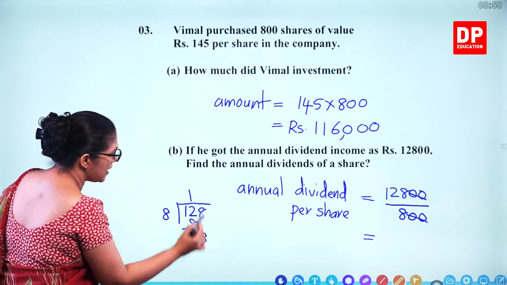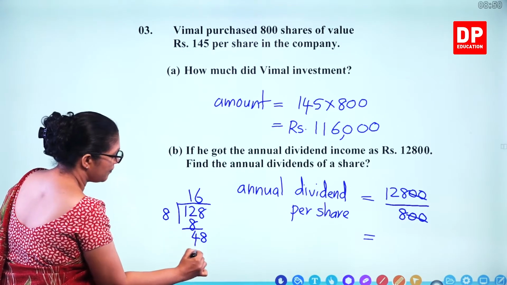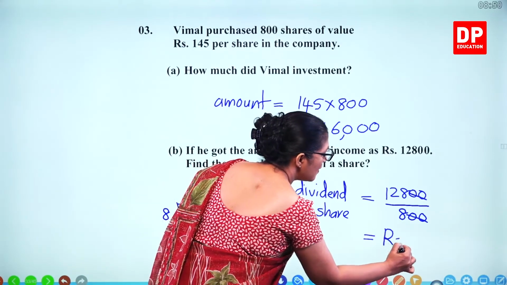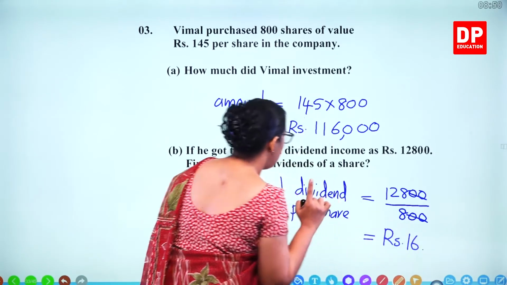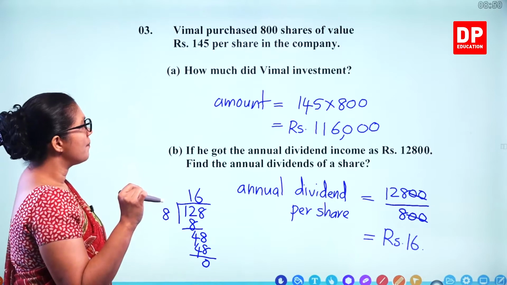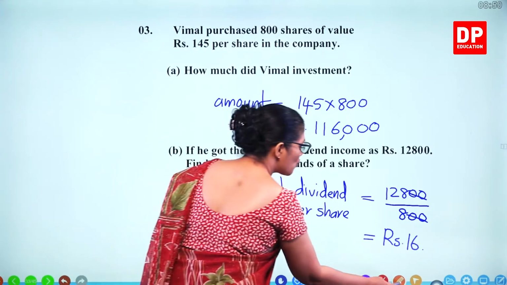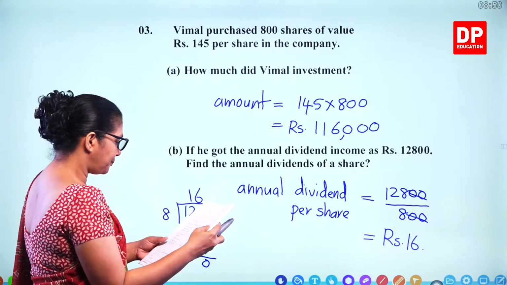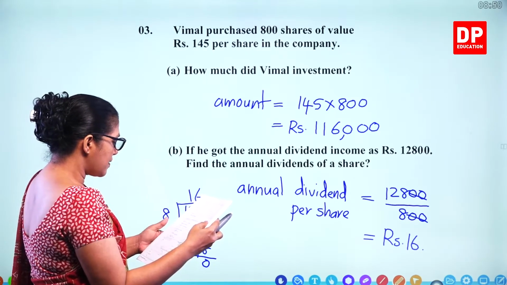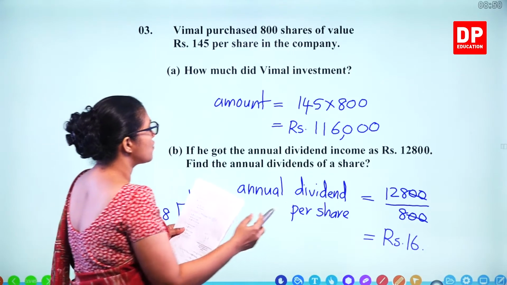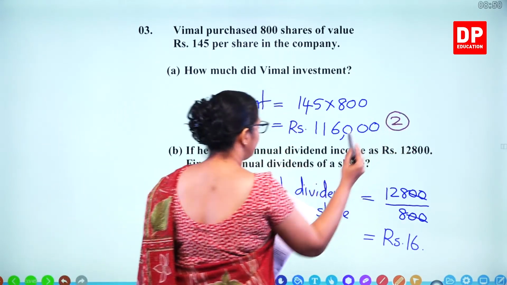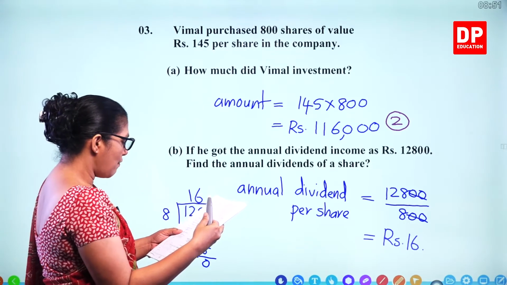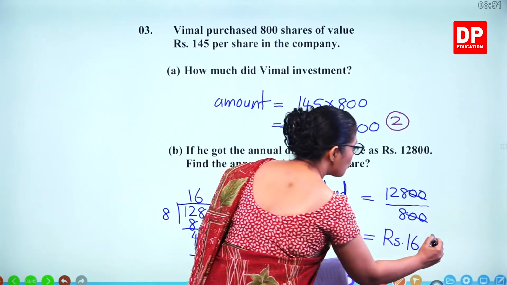For 48, that's 6. So you get 16 rupees is the dividend income per share. So how many marks for these two steps? You are getting 116,000, that's 2 marks. And this is also 12,800 divided by 800, that's 2 marks.